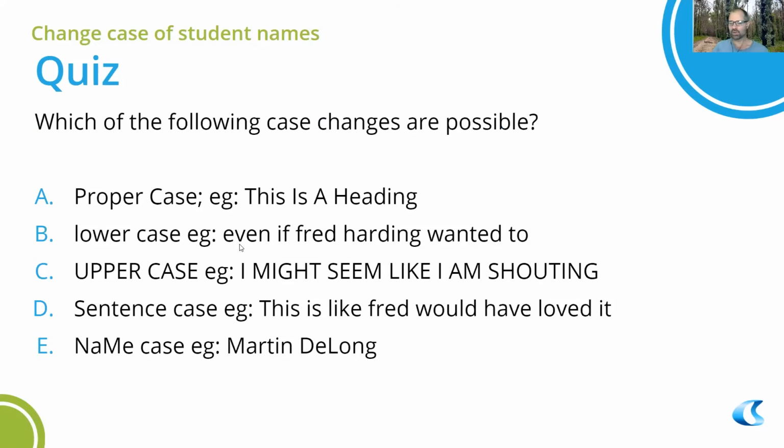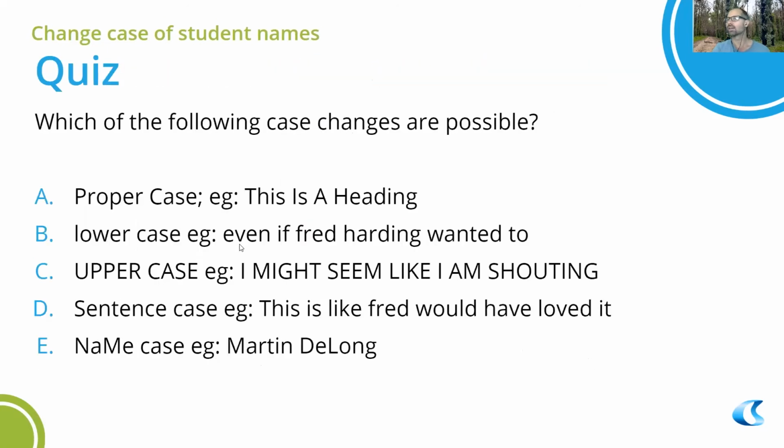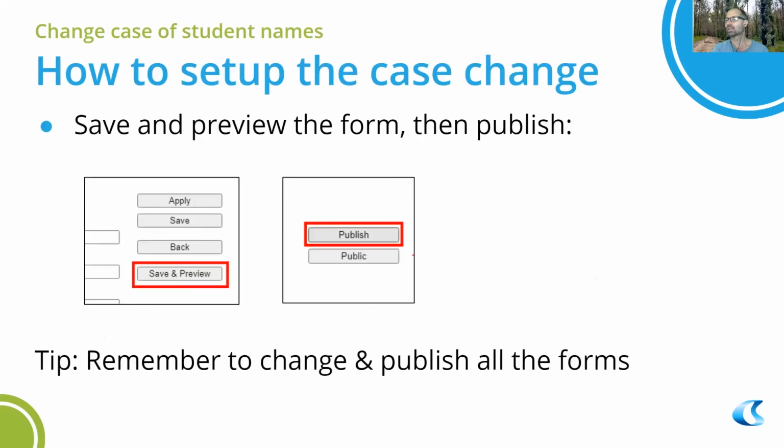Okay, so before I go to the quiz, I just wanted to point out something that Kane raised earlier, and that is that if you do apply this validator to the fields, it applies to everybody. It applies not just to the public who are going to be submitting the form, but it also applies to the admins.